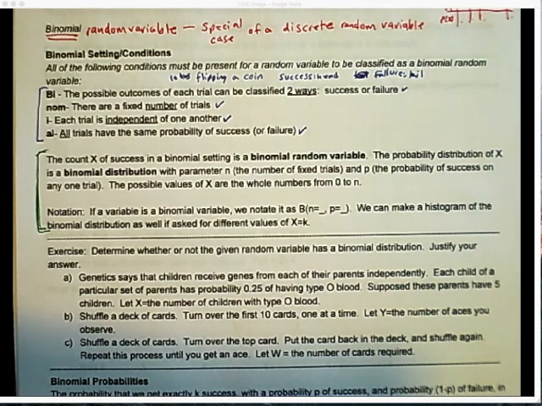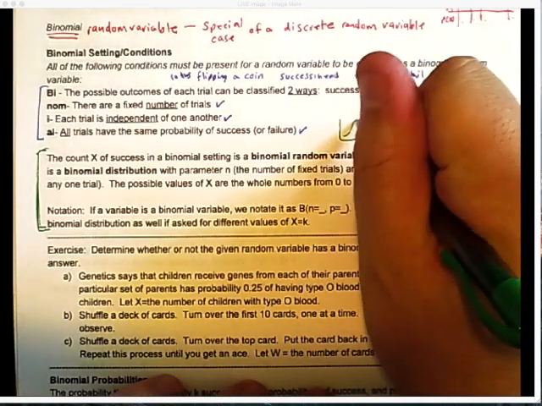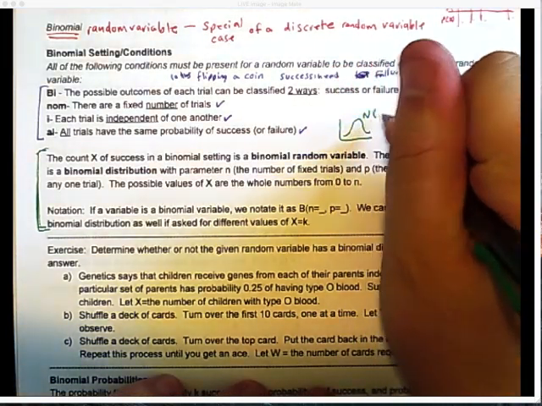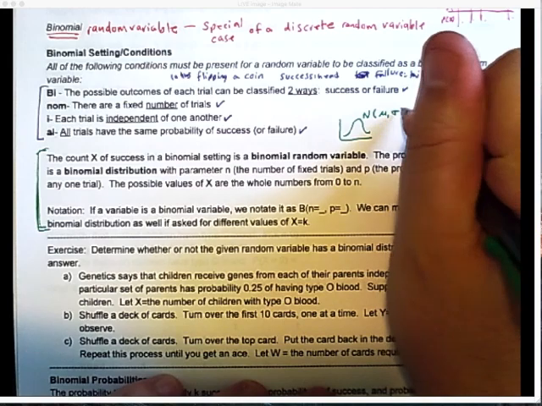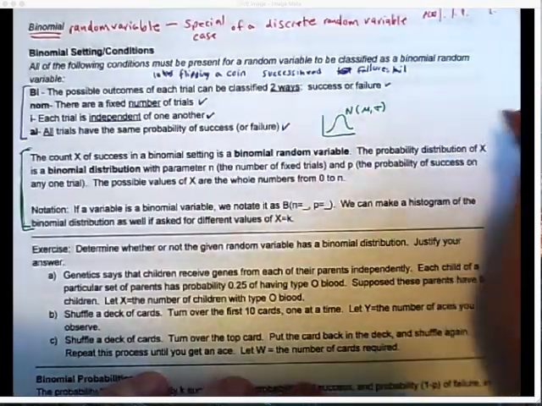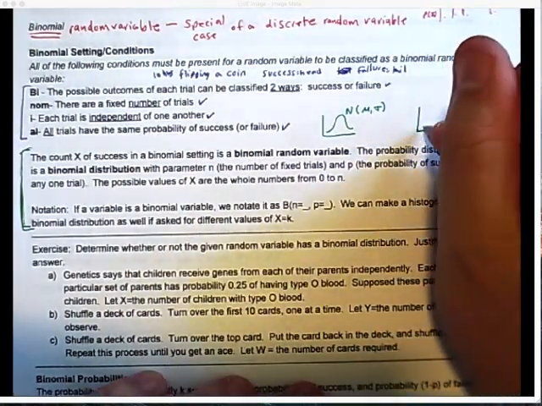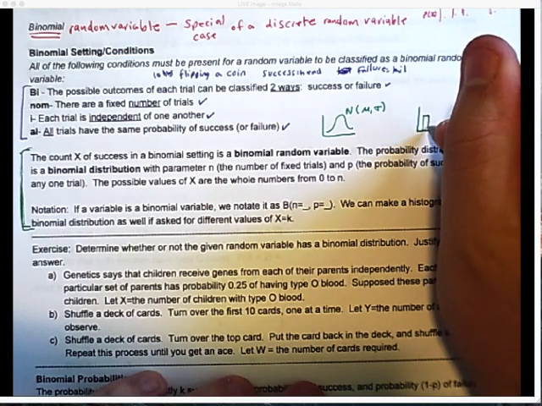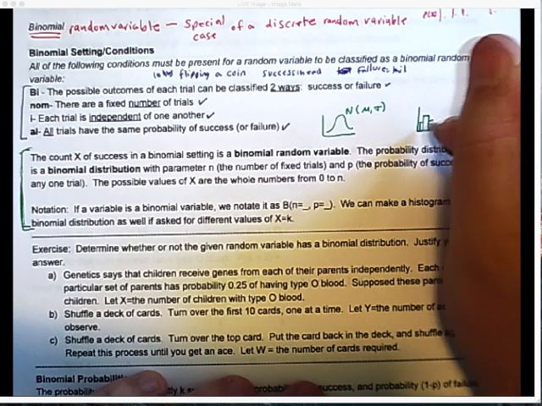The probability distribution of that random variable is called the binomial distribution with certain parameters. For example, when we made a normal curve, we labeled that as normal with some mean and some sigma. When I make a binomial distribution, it's not continuous, it's discrete. So it might look something like that.